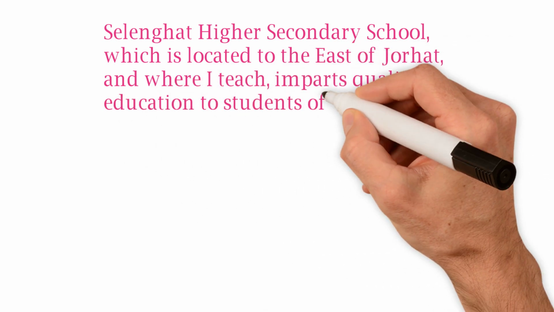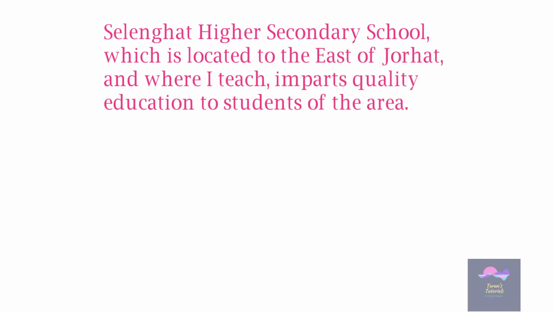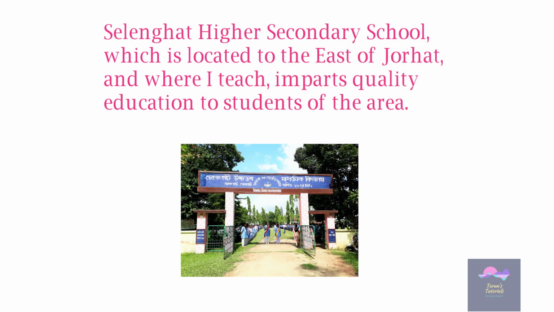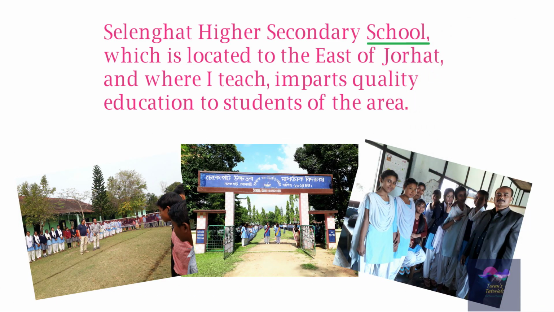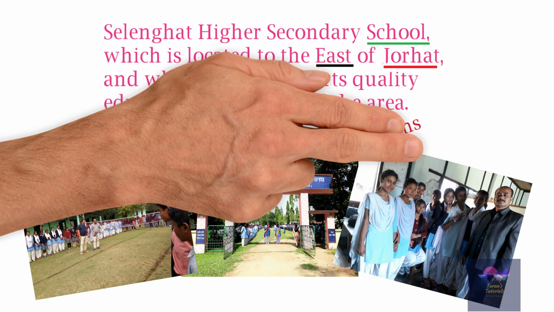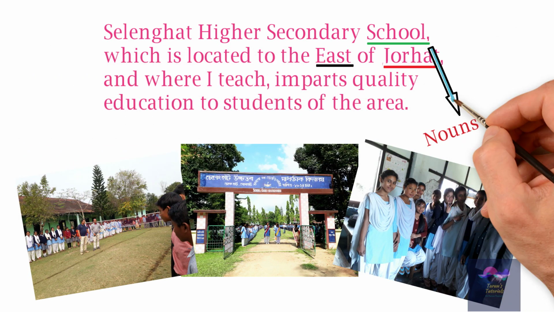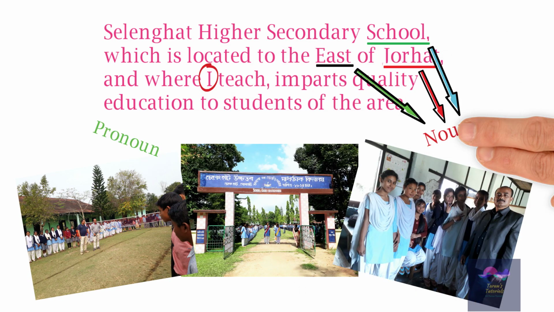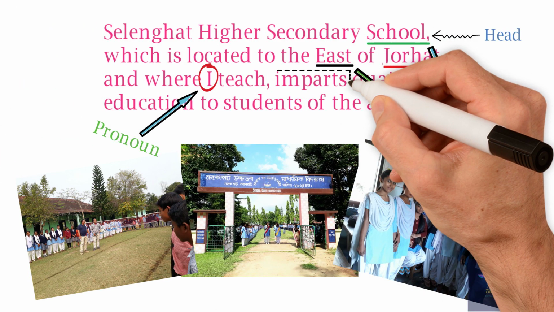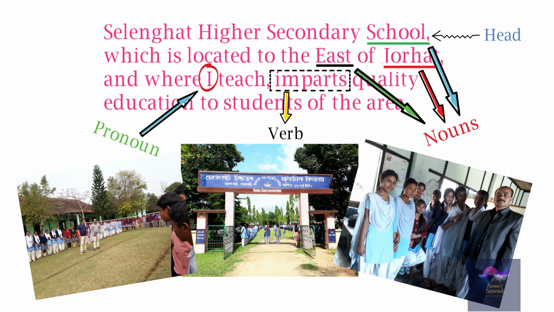In this example, the subject noun phrase has several noun phrases and nouns in it. For example, school, east, Jorhat are all nouns within the compound subject noun phrase, besides a pronoun I, which is equivalent to a noun. The head or the nucleus of the noun phrase is the noun school, which agrees with the verb in part.